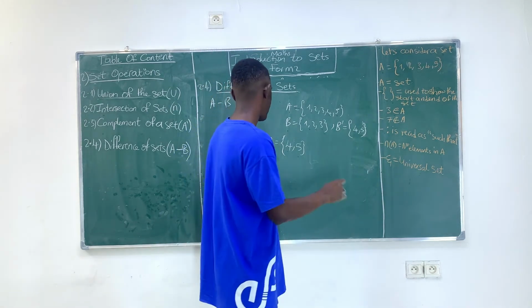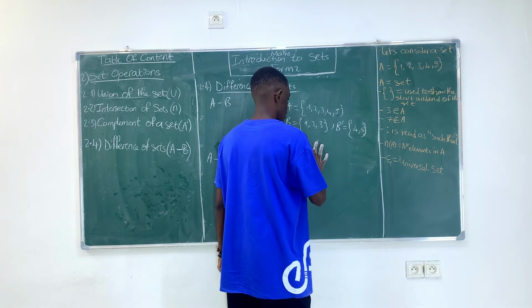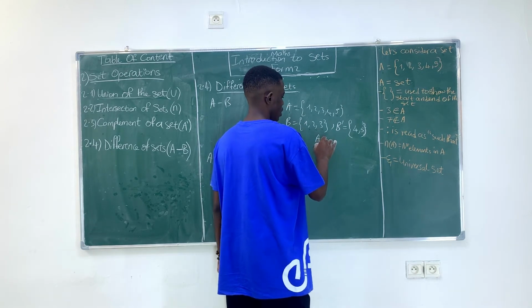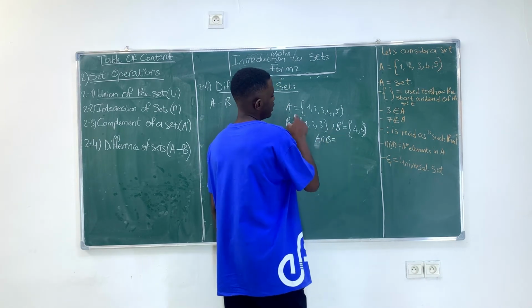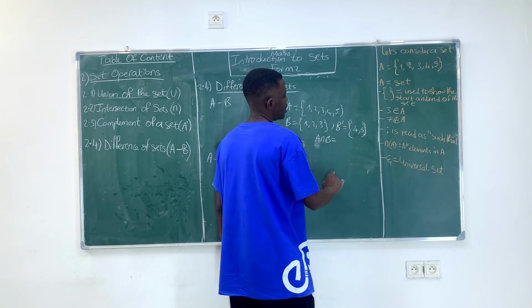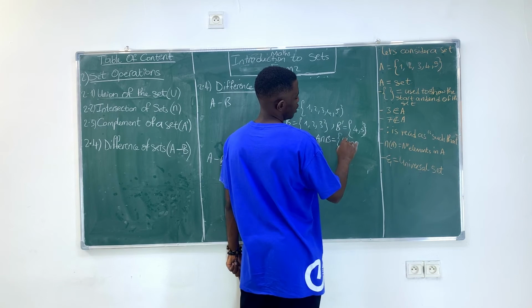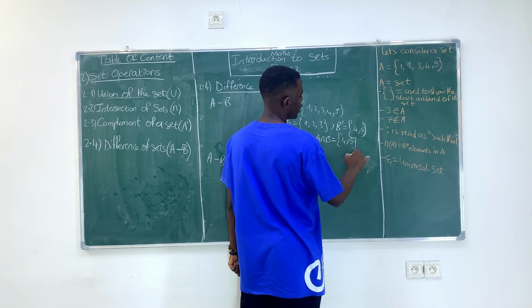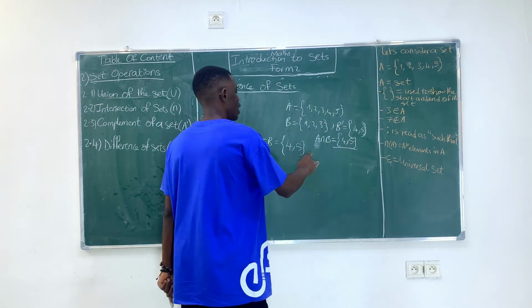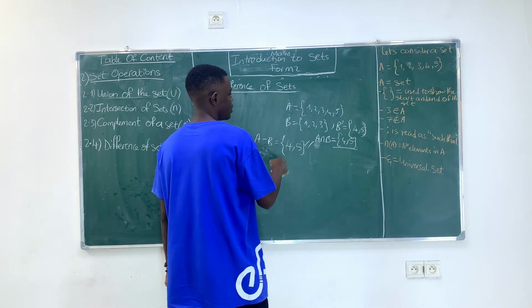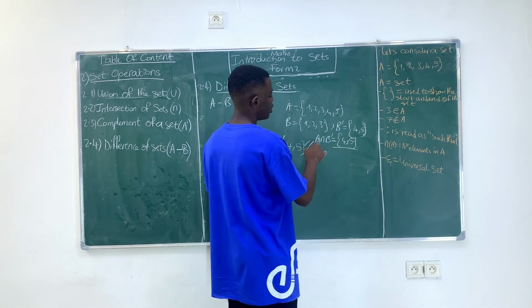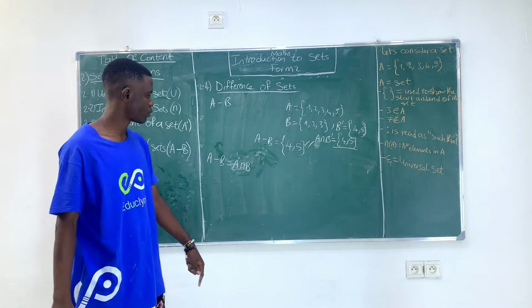A intersection B prime is everything that is in A and that is also in B prime. It is what? We have only 4 and 5. 4 and 5 is in A and B prime. So now you see that A minus B is the same as A intersection B prime.